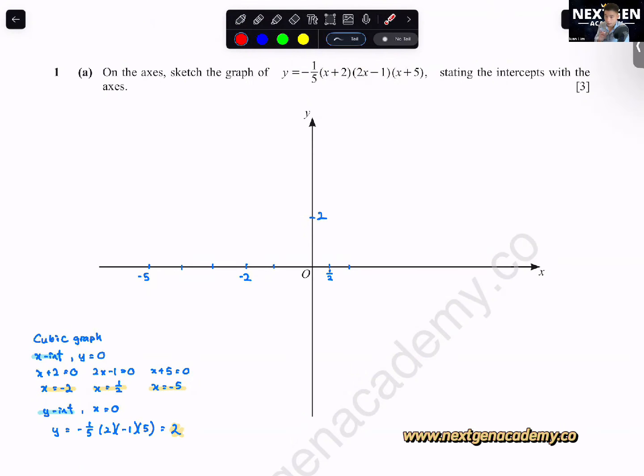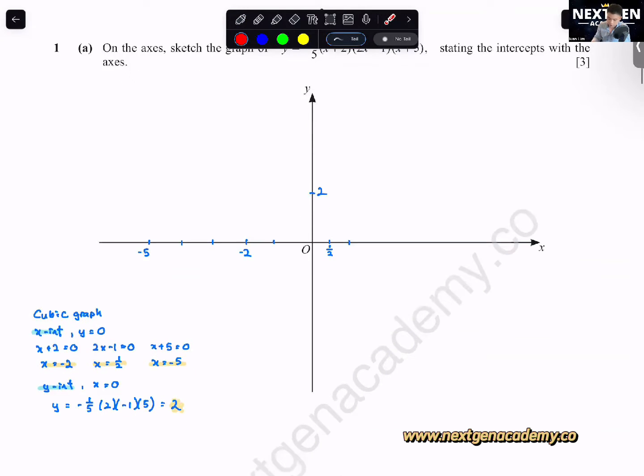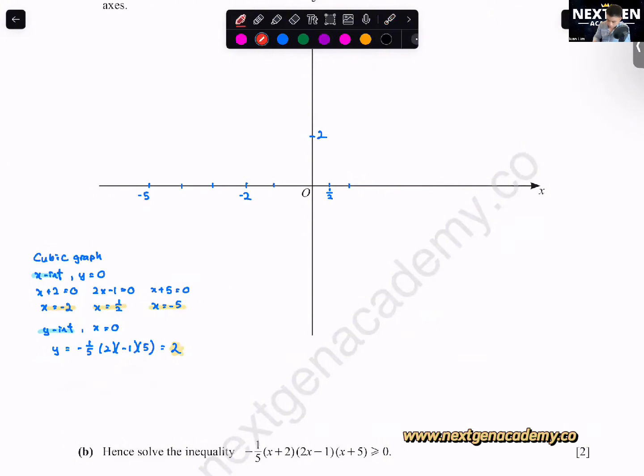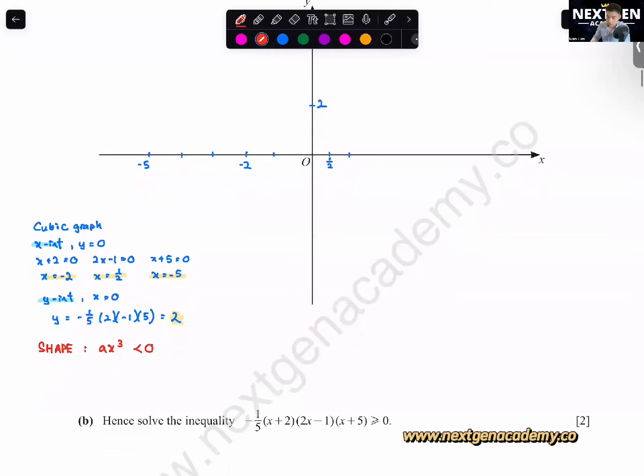Got it? How does the shape of the graph look? Because your ax cubed has an a value less than 0, remember the philosophy of life? Happy first, then sad. You suffer now.